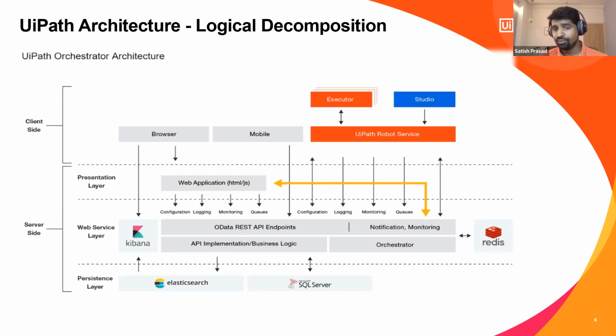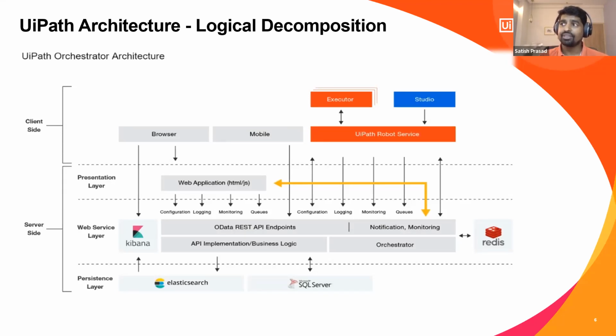And if you want to visualize the logs and do some analysis on the logs that are generated, probably you will need Elasticsearch as well. That will also store the logs and other related information. On the web service layer, you have one of the most important pieces of logic: the API implementation and business logic.